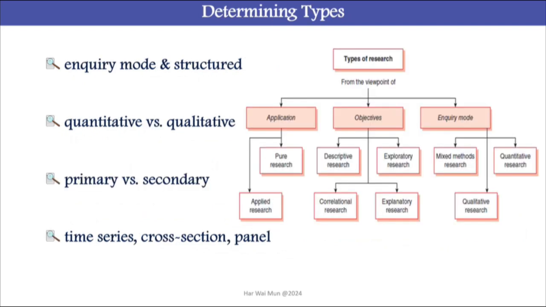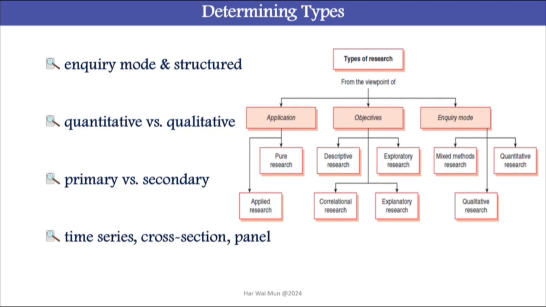There are many types of research, but mostly what we usually do, or what this training will mainly focus on, will be more on this inquiry mode and quantitative research, right? Of course, you can have application mode. Mostly that will be in science, right?